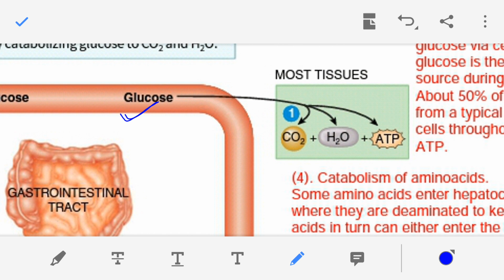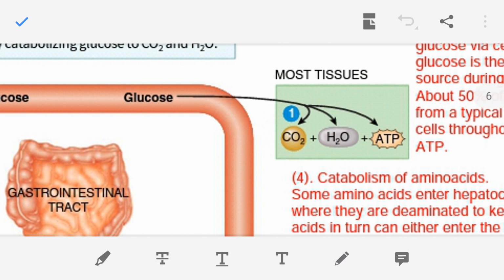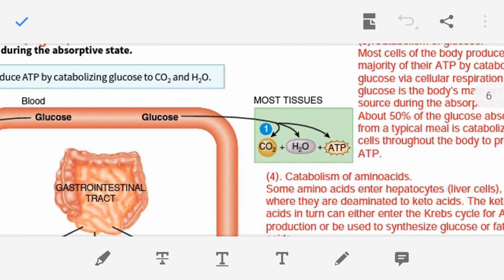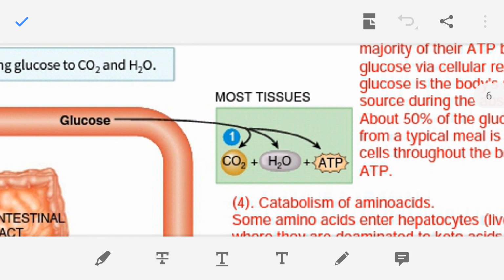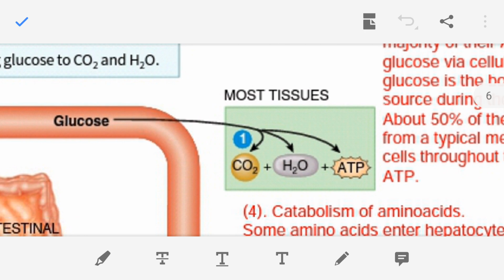In the catabolic process of glucose, the glucose is oxidized and there is production of ATP and formation of carbon dioxide gas. And this oxidation process, cellular respiration, has the stages glycolysis, Krebs cycle, oxidative phosphorylation and electron transport chain. So glucose is oxidized in our body cells and ATP is produced.